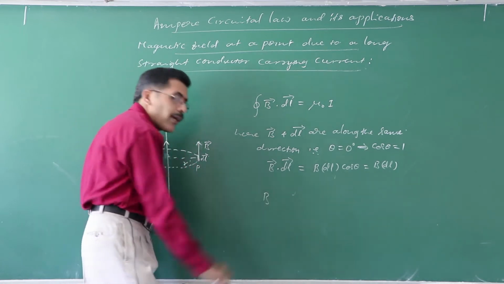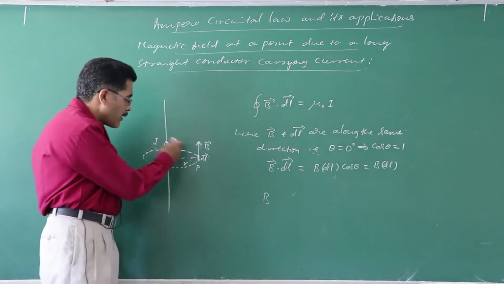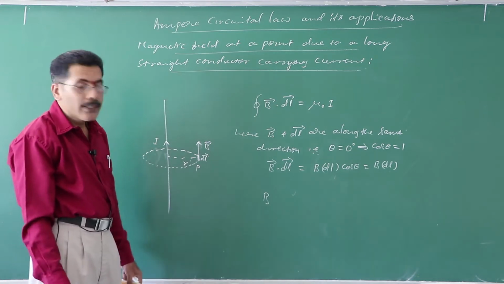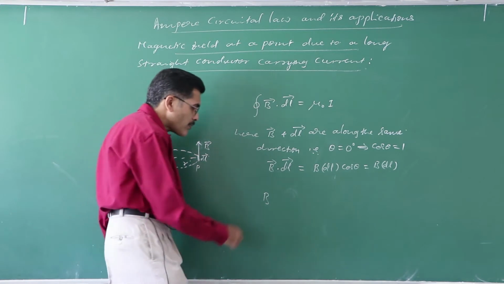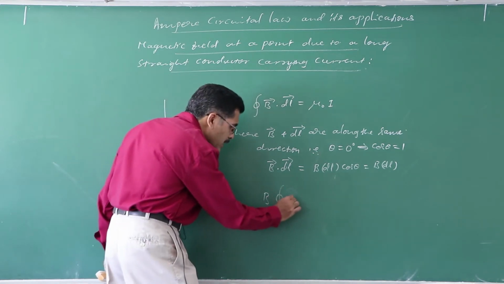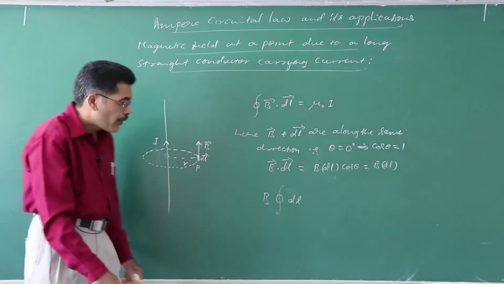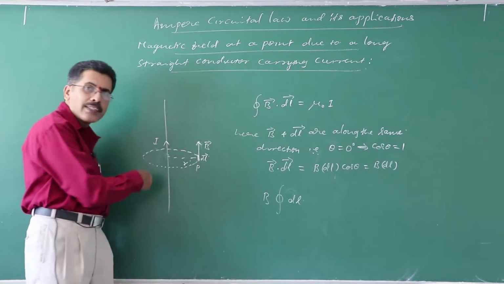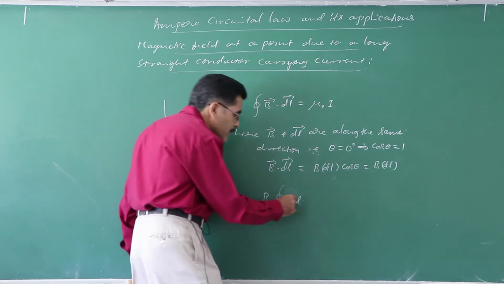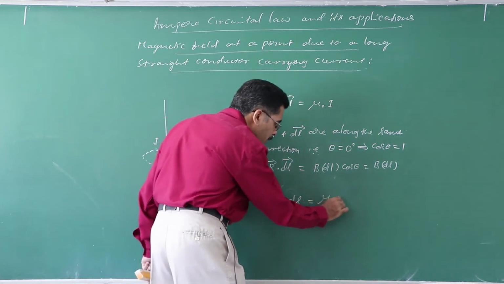B is the magnetic field, it is constant and tangential to the Amperian loop. Therefore I just take the line integral of dl. When you add the line elements, you will get the circumference of the circle. This is equal to mu naught into I.